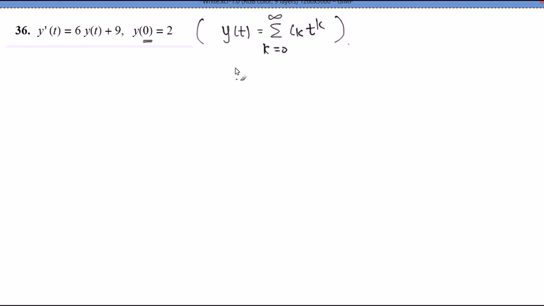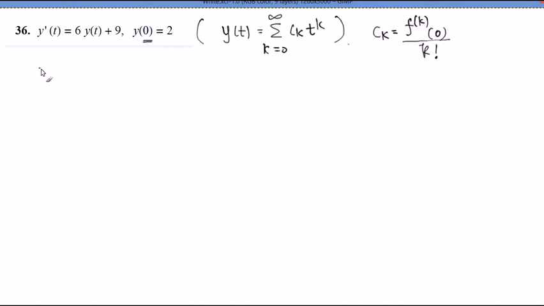They were saying if it exists and the radius of convergence is positive, what is the formula for c_k? The Taylor series formula, right? The kth derivative at 0 divided by k factorial. So we need to calculate this formula.